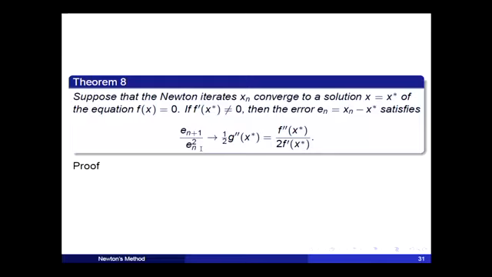So we will discuss the proof next time when you're a little bit less sleepy than today. So maybe on Friday, we will prove why this is the case, and why Newton method is faster than fixed point iteration and the bisection method. Okay, so see you.